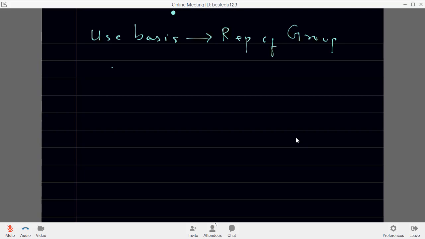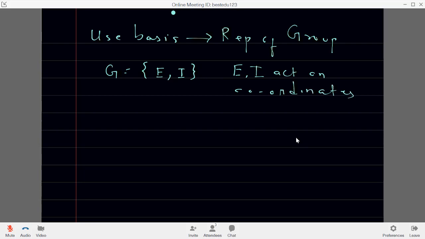Consider a group. Let there be a group, and the group has 2 elements, E, which is identity, and inversion, which is I. So what do E and I do? E and I act on coordinates. Previously we had our group elements acting on the equilateral triangle, and now we have group elements which act on the coordinates.